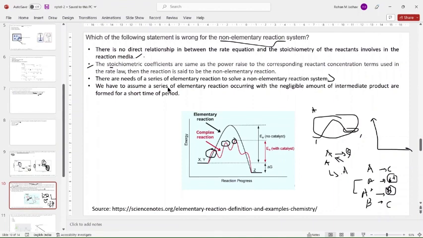What it basically says is that if you increase the temperature, the amount of activation energy required would be less.